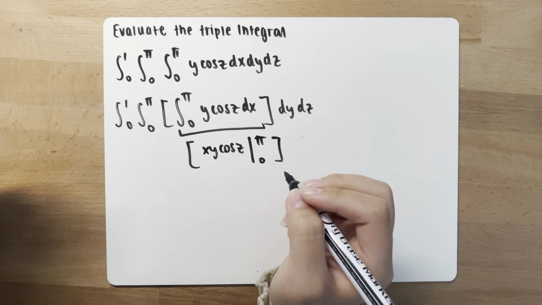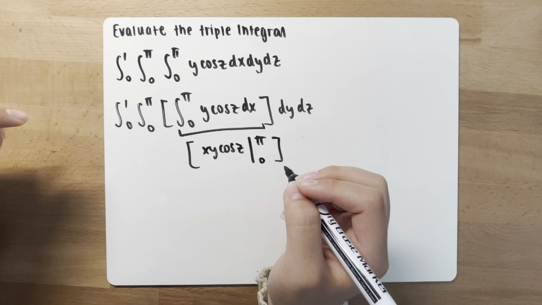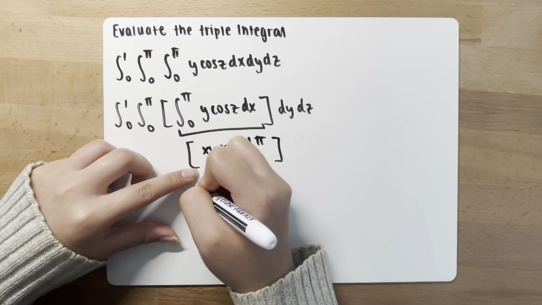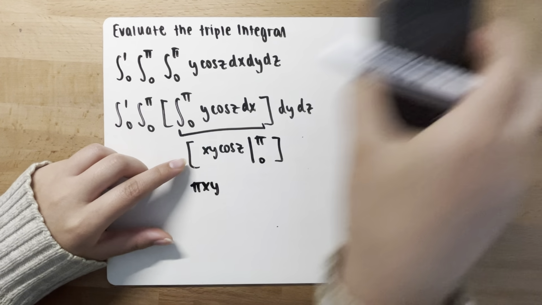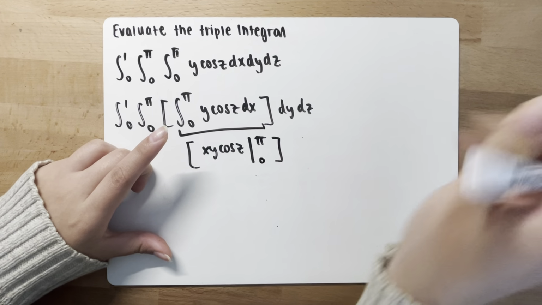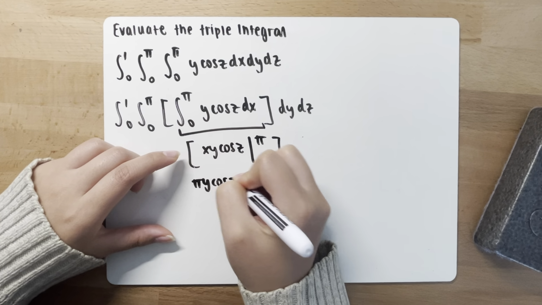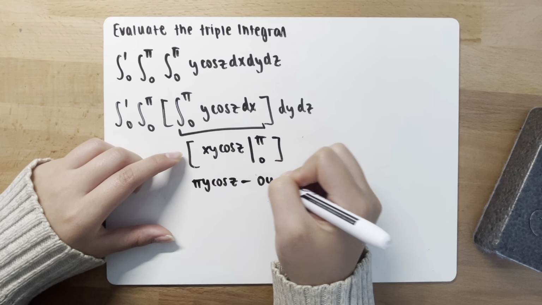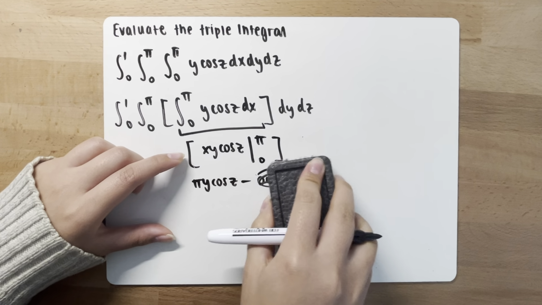If you plug in the boundaries, you would substitute pi for x, so you have pi y cosine z minus 0 times y cosine z, and this would cancel out. You're left with pi y cosine z.